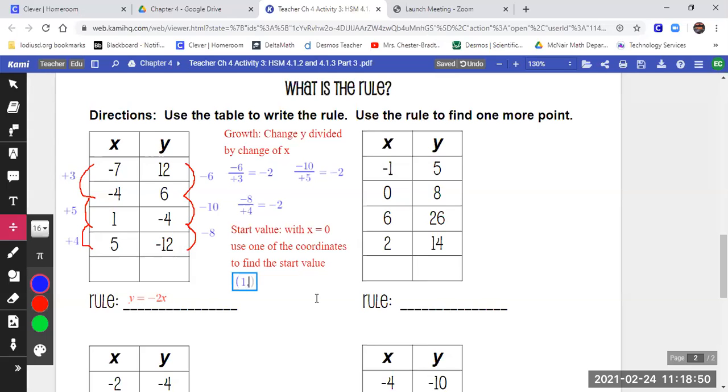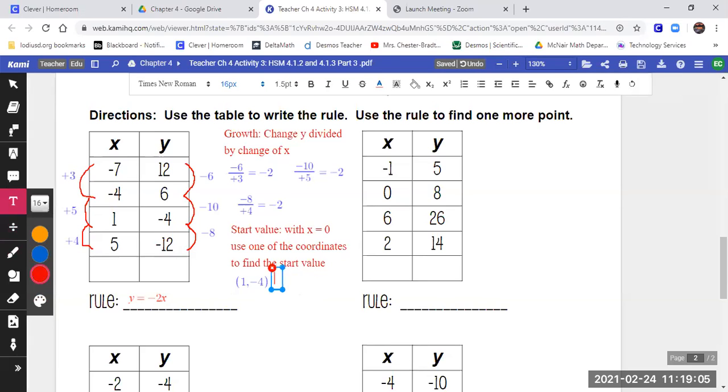So I'm going to use 1, comma, -4 to find out what my start value has to be. The x in my rule is going to equal the 1. The y in my rule is going to equal the -4.